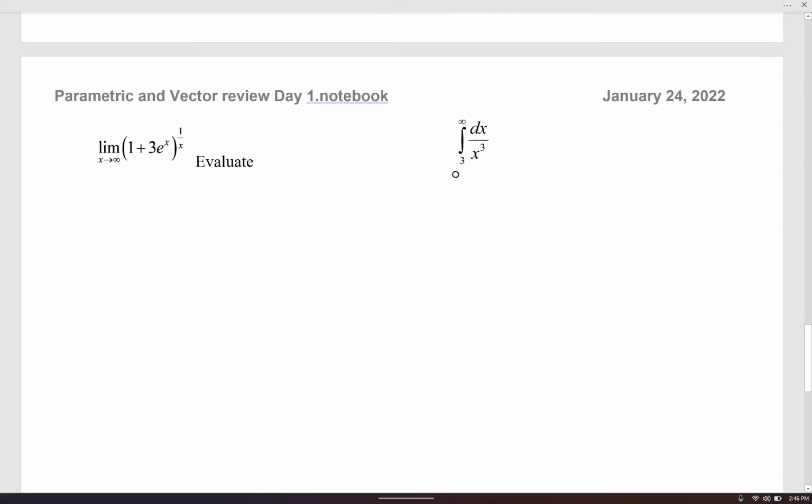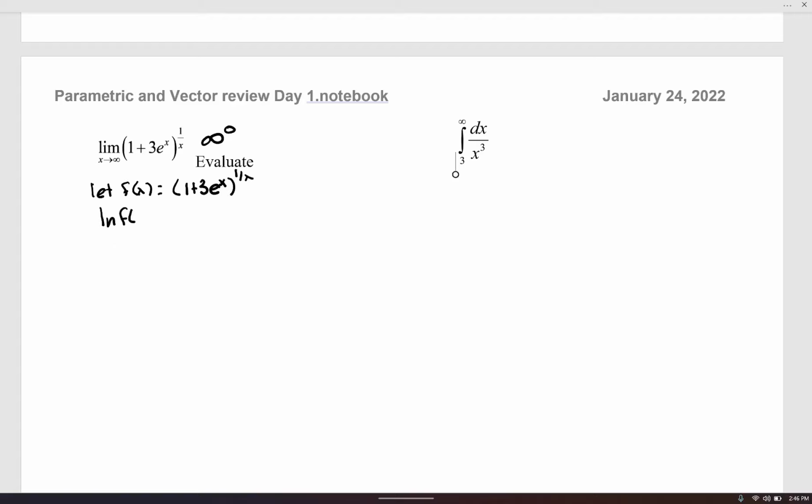And here's some review. Here's some old stuff. We're going to let f of x equal 1 plus 3e to the x, all to the 1 over x. By the way, this is infinity to the 0.